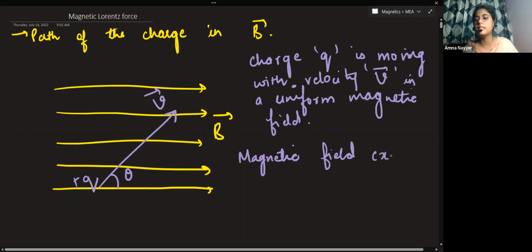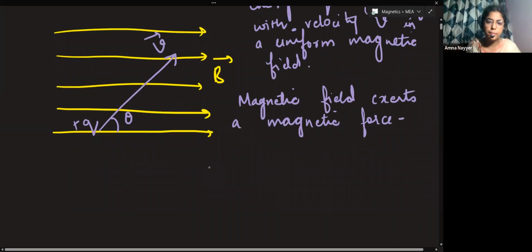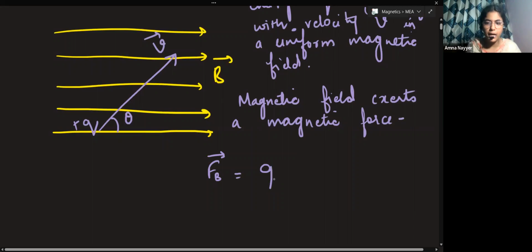The magnitude of that magnetic force, let's represent it by F_B. This is the magnetic force; that's why I put B in the subscript so that you're able to understand. It is given by the magnitude of the charge, and the cross product of velocity and magnetic field.